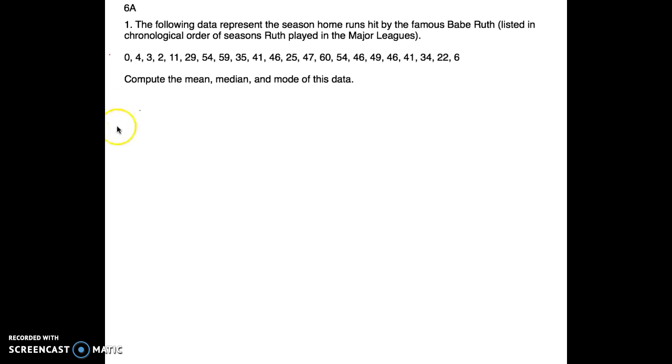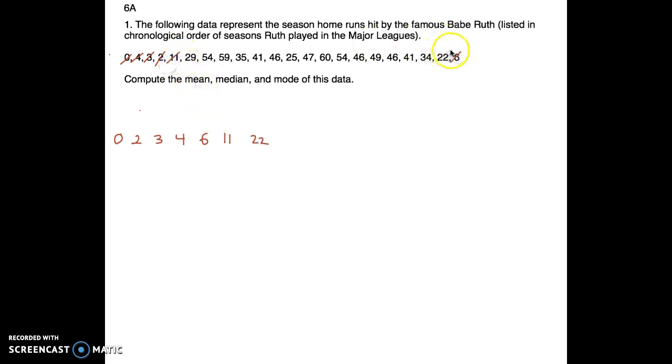So the first one, you're going to do 0, then you can cross them out as you go, and then looks like we've got a 2 next. I might have to add some other numbers in here, and then a 3, a 4. Notice I'm just leaving spacing just in case I need to add some numbers. A 6, 11, 22.